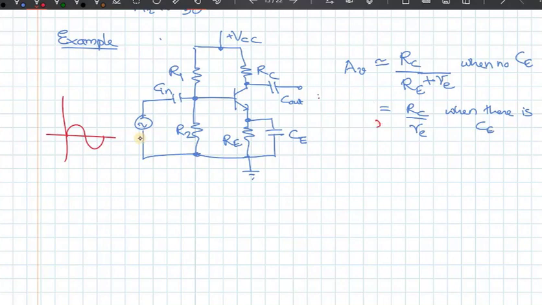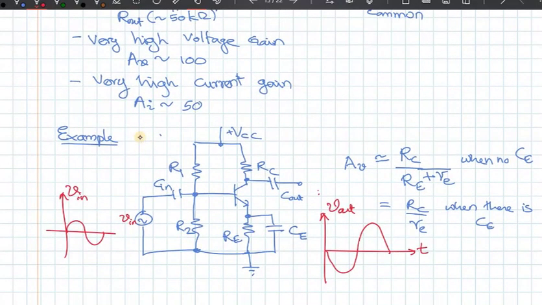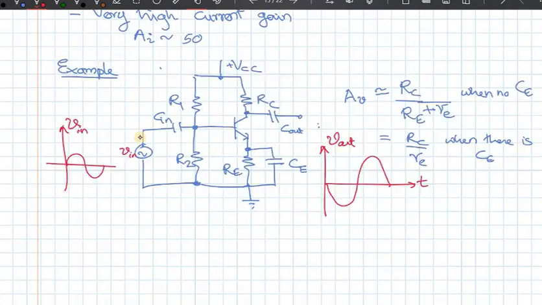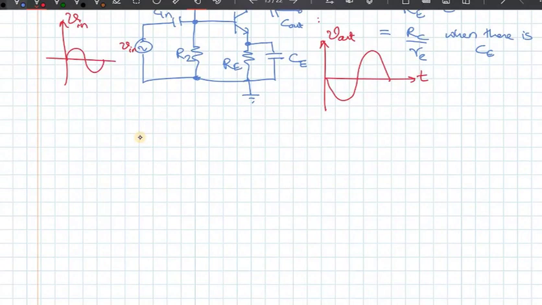If you look at the output through the capacitor, it would look something like this. Therefore, this is basically inverted, so the voltage gain is actually negative, right? You need to remember that this voltage gain is negative.